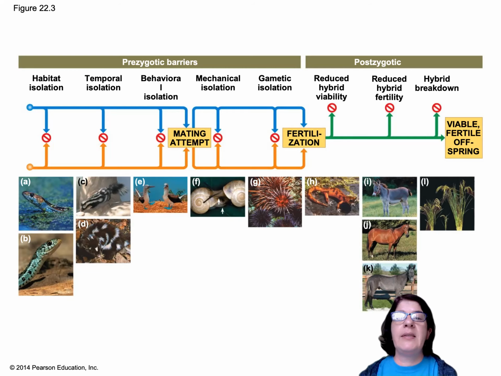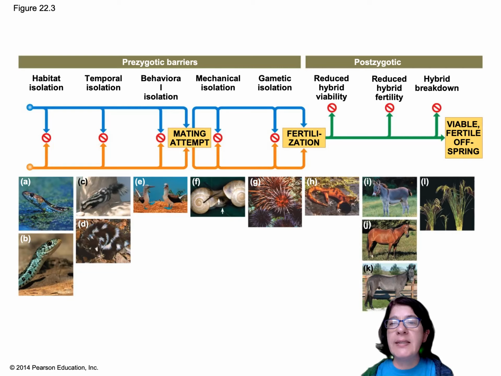Now, let's assume two species can actually mate and fertilization occurs. What prevents them from producing viable and fertile offspring? There are three different barriers. One of them results in reduced hybrid viability. That means the hybrids, which are the offspring of that mating, do not survive, or very few of them survive, or they don't survive long enough to reproduce.